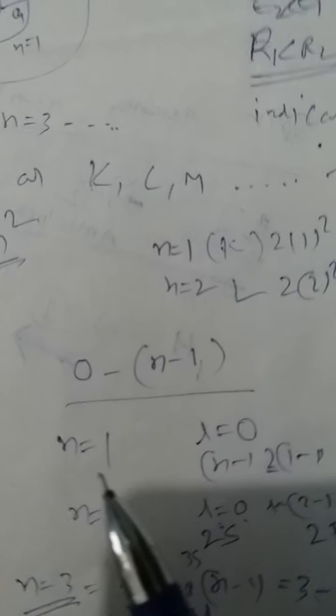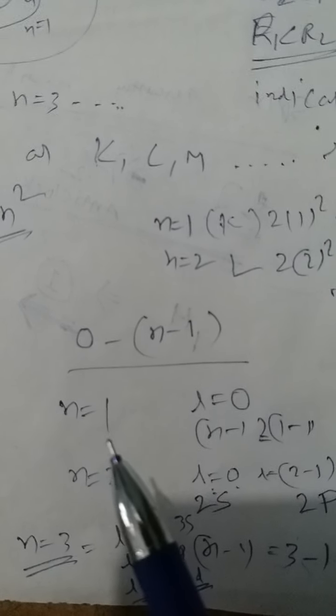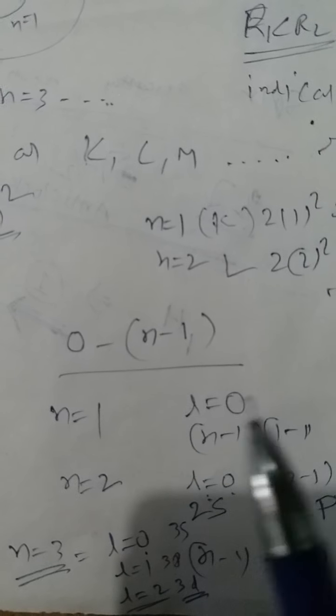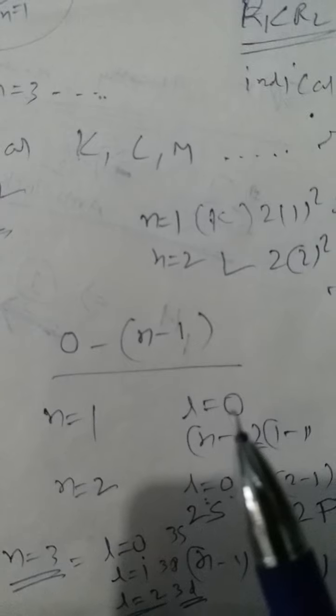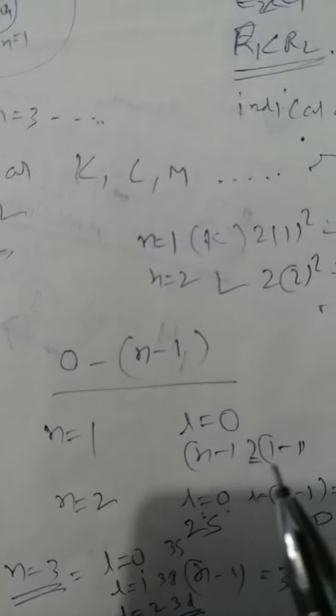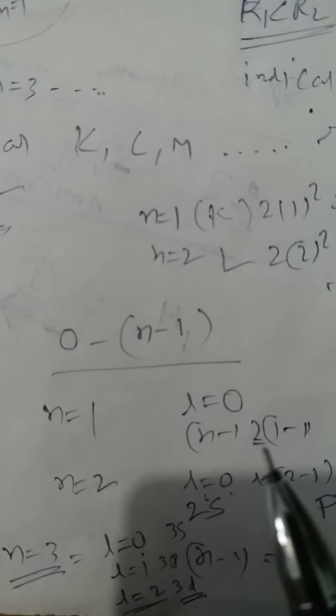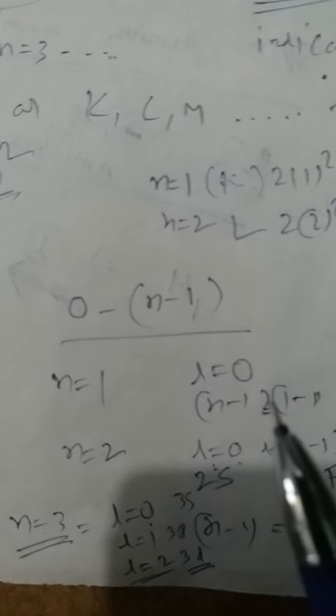Once again, if n equal to 1, that is the first stationary orbit, the azimuthal quantum number values start with 0 and end with n minus 1, that is 1 minus 1, which is 0. So n equal to 1 has only one substationary orbit according to Sommerfeld, with l equal to 0, the azimuthal quantum number proposed by Sommerfeld.